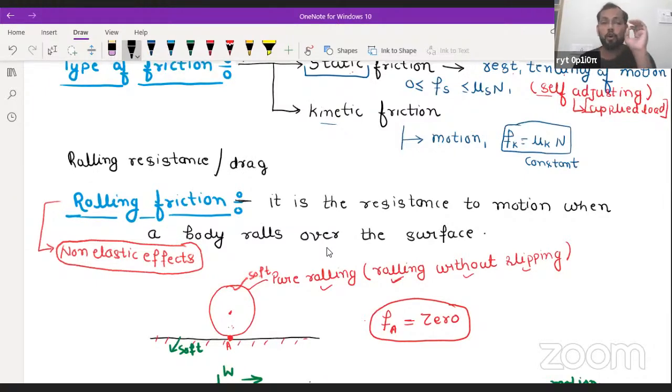So what is the cause behind this rolling resistance? Non-elastic effects. I hope this concept is clear to you. If it is not clear, then we will take one example, and this example will make a clear picture about rolling friction. With that concept, we will also discuss one more definition of rolling friction.